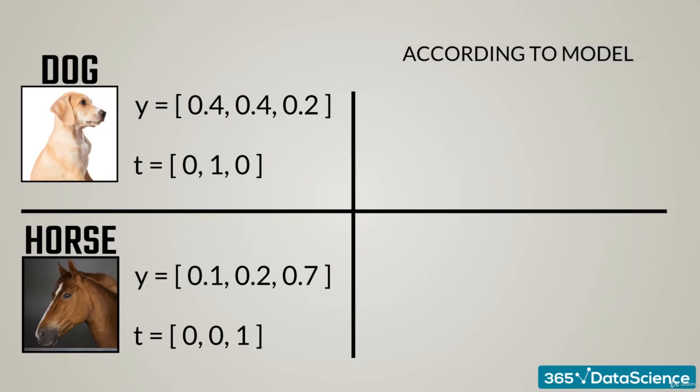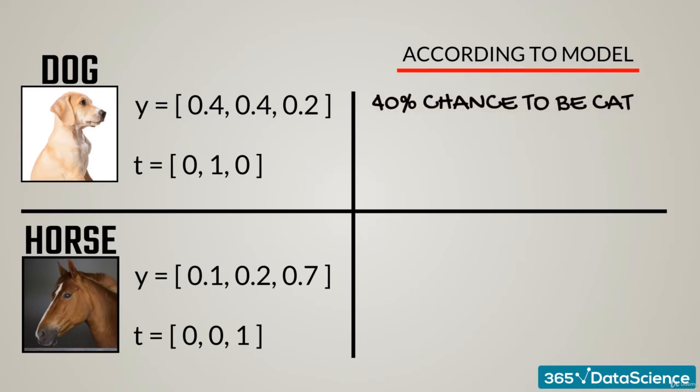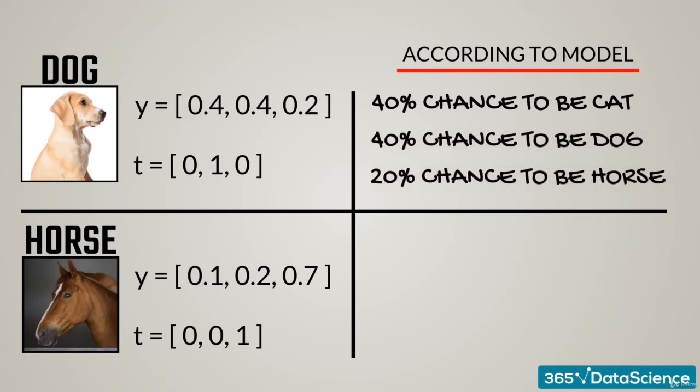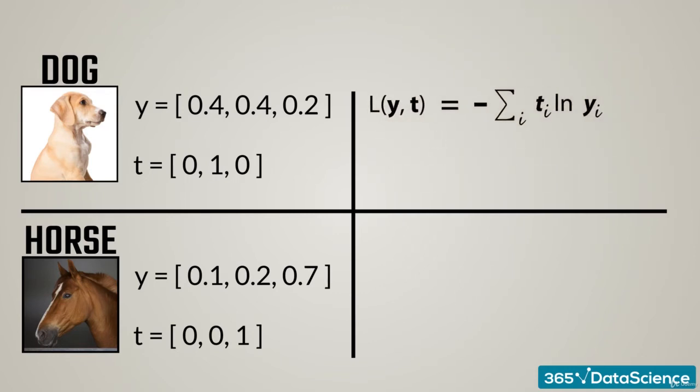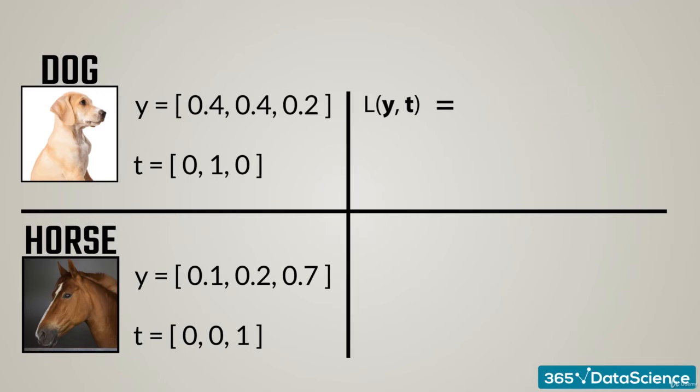The first vector shows that, according to our algorithm, there is a 0.4 or a 40% chance that the first photo is a cat, 40% it is a dog, and 20% it is a horse. So that's the interpretation of these vectors. What about the cross-entropy of each photo? The cross-entropy loss for the first image is minus 0 times natural log of 0.4, minus 1 times natural log of 0.4, minus 0 times natural log of 0.2.